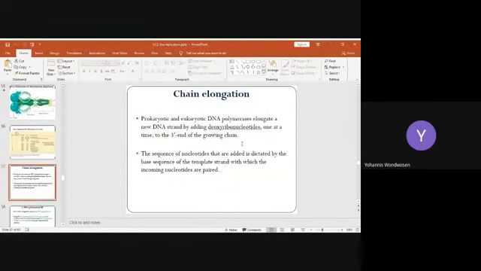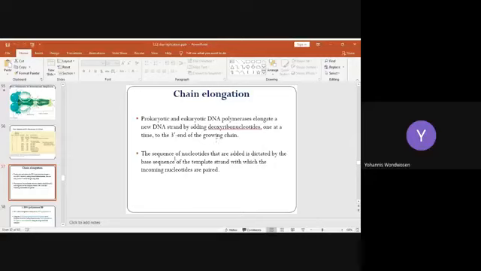When we see the chain elongation, prokaryotic and eukaryotic DNA polymerases elongate a new DNA strand by adding deoxyribonucleotides one at a time to the 3' end of the growing chain, since the process takes place from 5' to 3'.